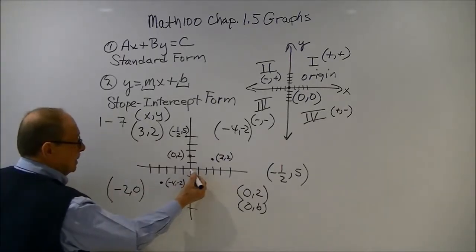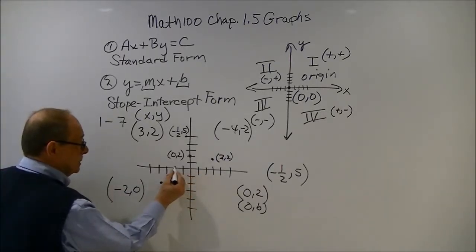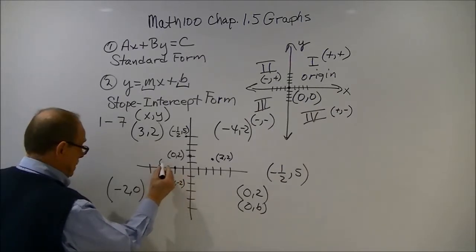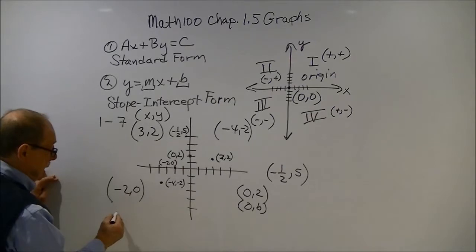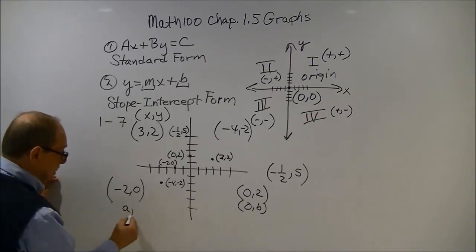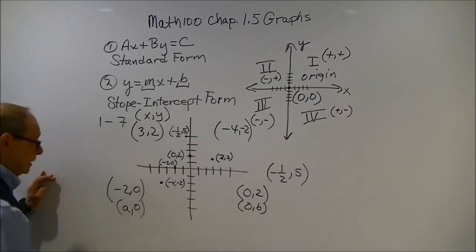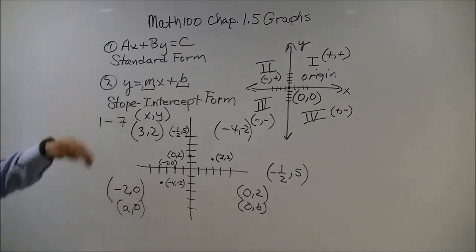So that would be starting at 0, going to -2, and staying at 0. So (-2, 0). And this would be your x-intercept written in the form (a, 0). So you're going to get many like that, and you're going to try your skill and give it a good shot.